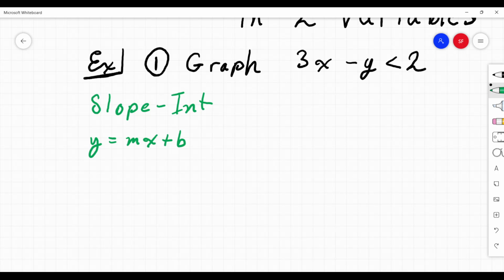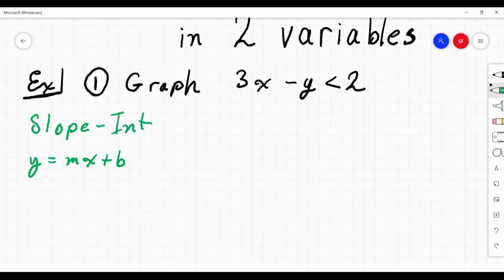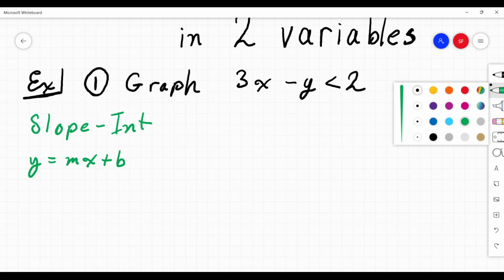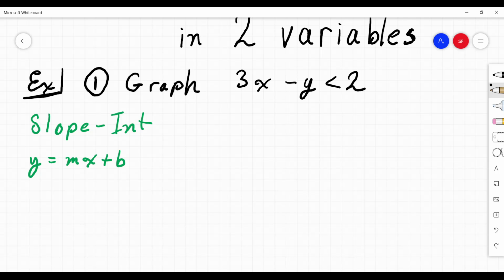So we got to get y by itself, right? In order to get y by itself, what step are we going to take? Add 3x to both sides. What's 3x plus 3x? Subtract 3x, right? Wait, did I say add? You did. That's okay.